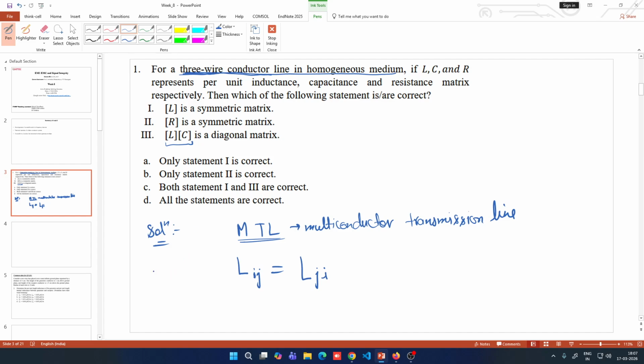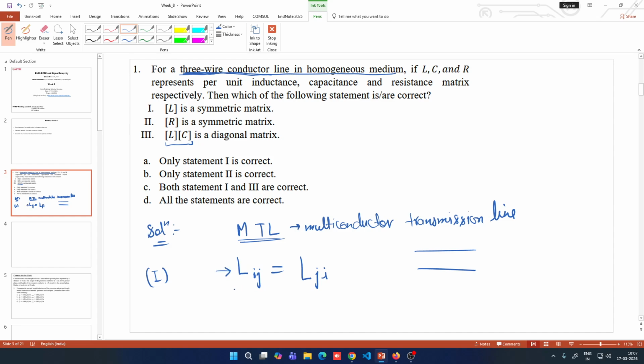So if we talk about the first point, statement 1 says that L is a symmetric matrix. We know that the mutual inductance between wire 1 and wire 2 will be the same as the mutual inductance between wire 2 and wire 1. So Lij will be equal to Lji.